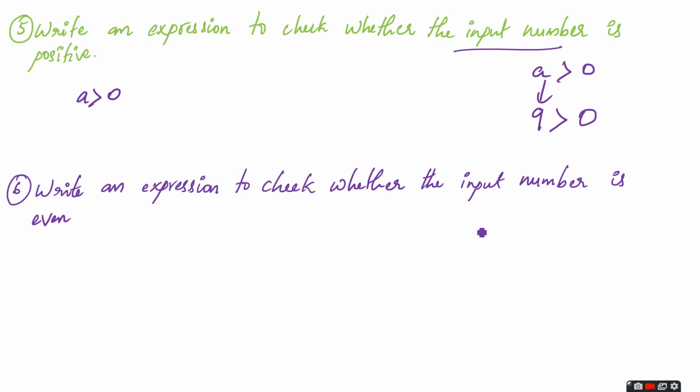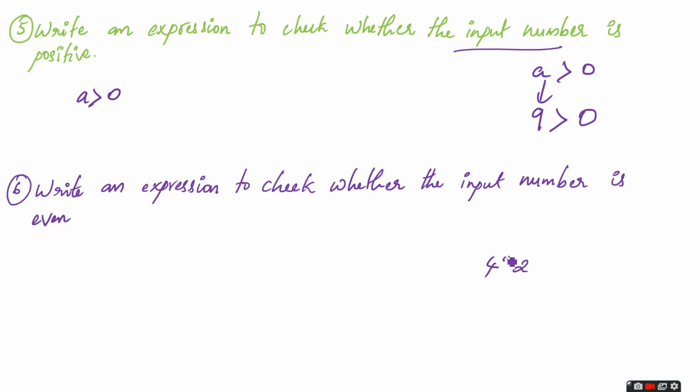Next question. Write an expression to check whether the input number is even or not. We know 2, 4, 6, 8 and 12, these are the even numbers. Now, we can write an expression for that. How we will write? For example, I have input the number 4. Now 4 is an even number. That means when 4 is divided by 2, the remainder should be equal to 0.